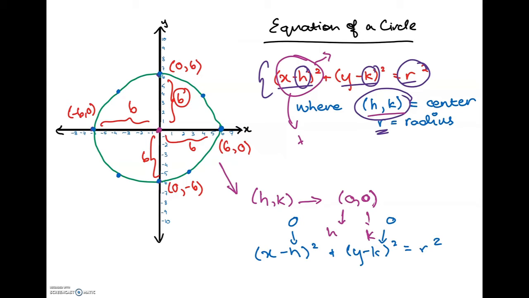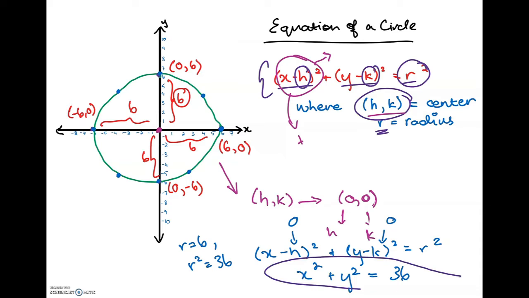Normally, you never have to write x minus 0 like that, so you're just going to write x squared plus y squared, and you're going to want to find r squared. From our graph on the left, we know that the radius is equal to 6. R is equal to 6. So that means r squared is equal to 36. So we're going to write 36 over here. And the final equation of this circle is x squared plus y squared equals 36.